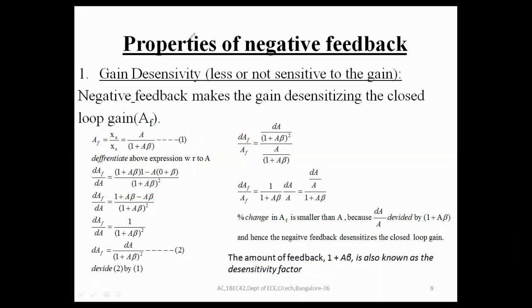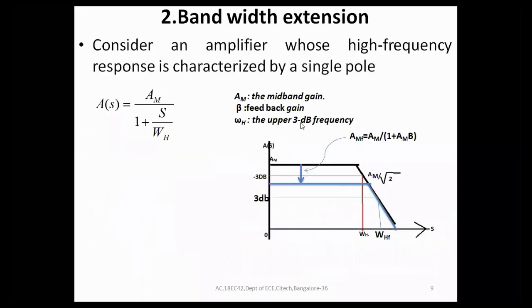Now let us move to the second property, that is bandwidth extension. This is the high frequency response of an amplifier with a single pole, where AM is the mid-band gain, beta is the feedback factor, and omega H is the upper 3 dB cutoff frequency.